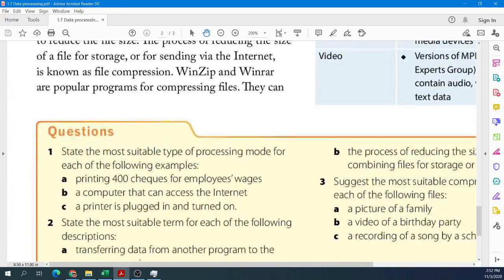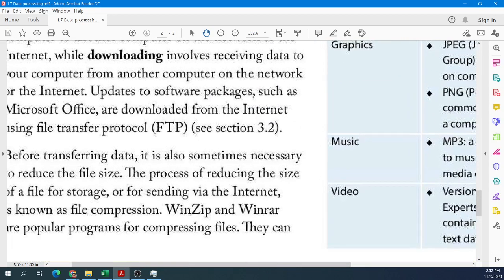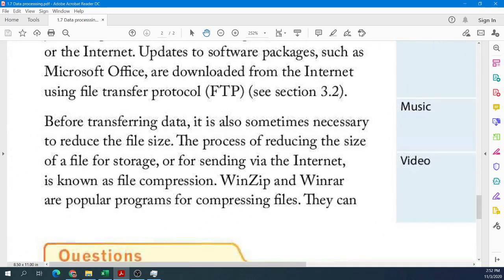Okay. So there's another term here that you need to remember, and that term is file compression. Most of you would notice this if you're sending a file to your friend or uploading a file to your status: if it's a video, you would notice how long that file takes to send, because the larger the file is, the longer it will take to upload.